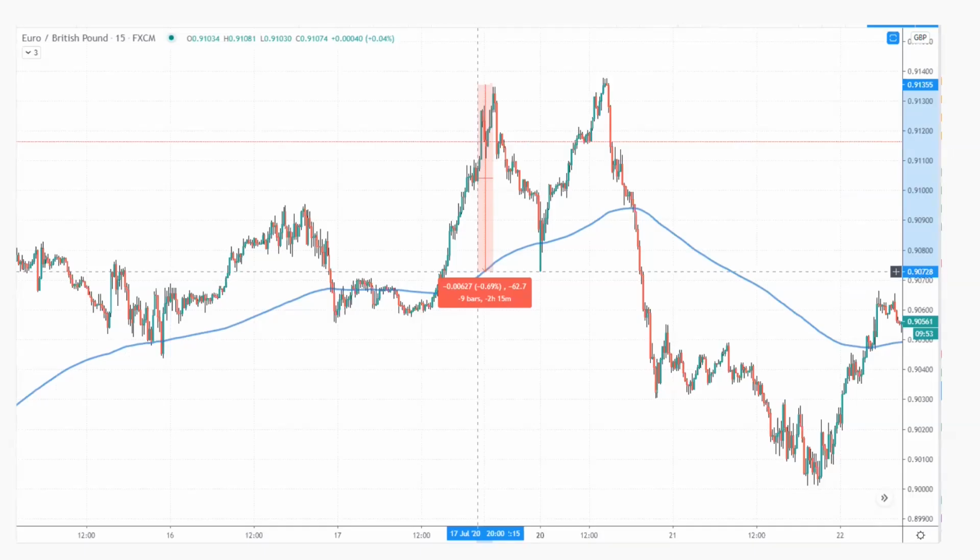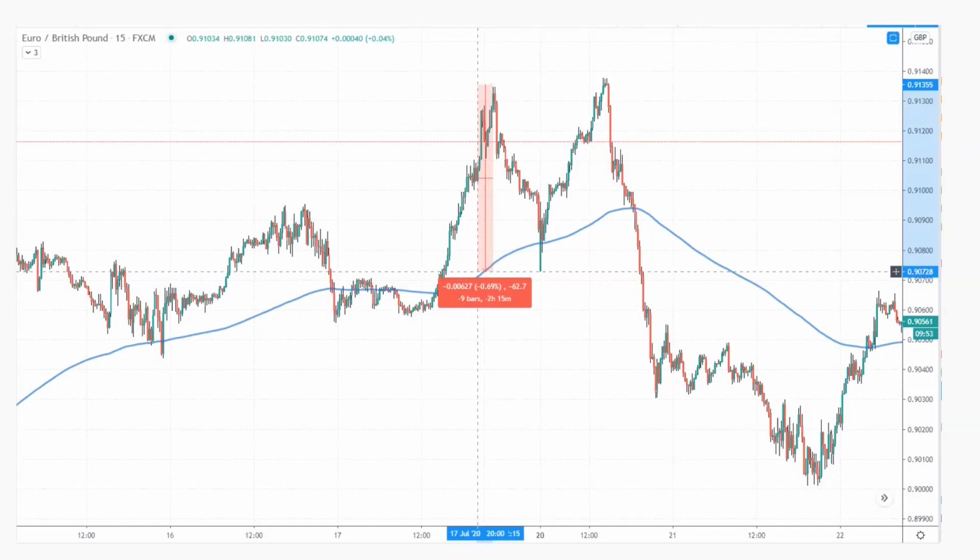You can see this quite easily using the TradingView function. There's a tool where you can drag and pull on the price so that you can see how much it has moved. So let's put a rule of thumb of about 0.4 to 0.5%. That will be a decent move away from the 200 EMA.